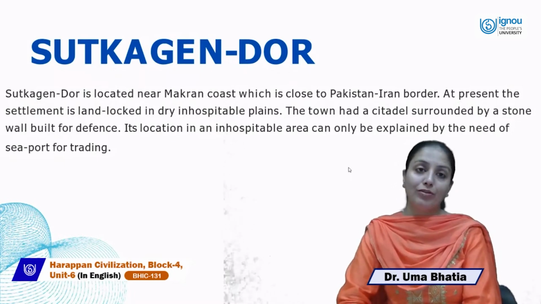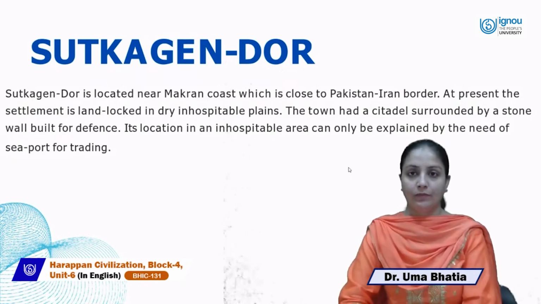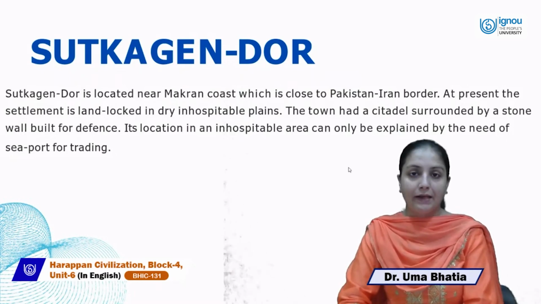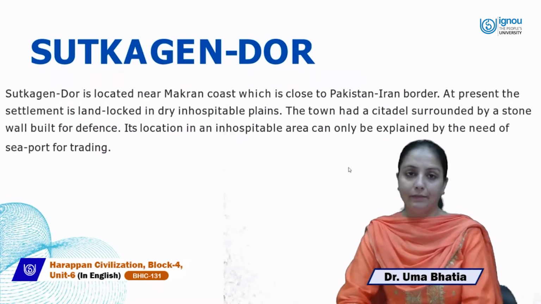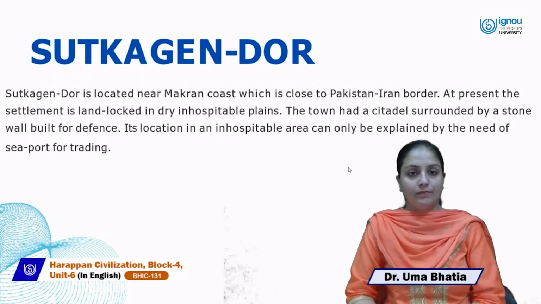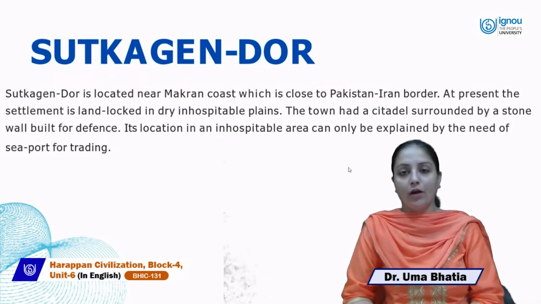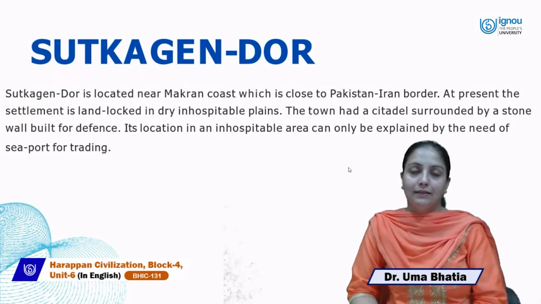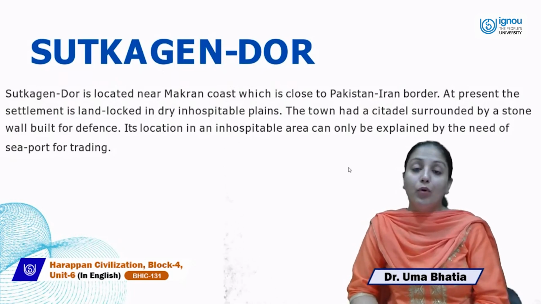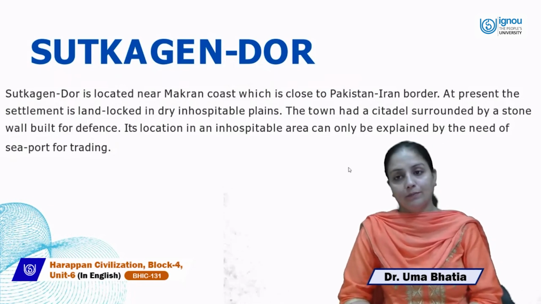We have studied about citadel and lower town also. What have we studied in Unit 5? Citadel is the upper town and the lower town is the lower town. What is the difference between citadel and lower town? The difference was that rich people lived in the upper town and the poor people lived in the lower town.